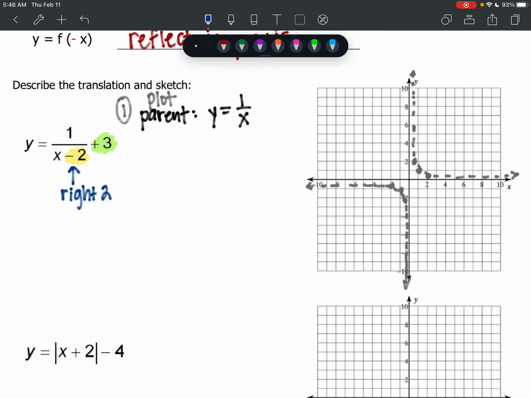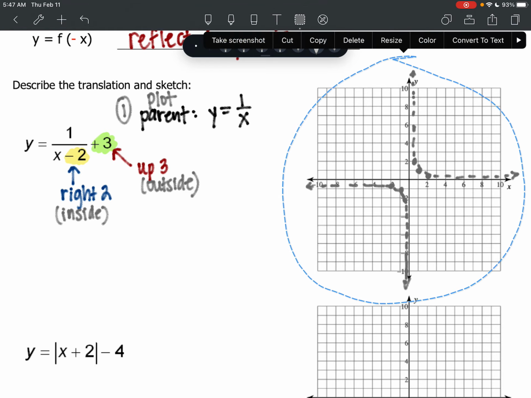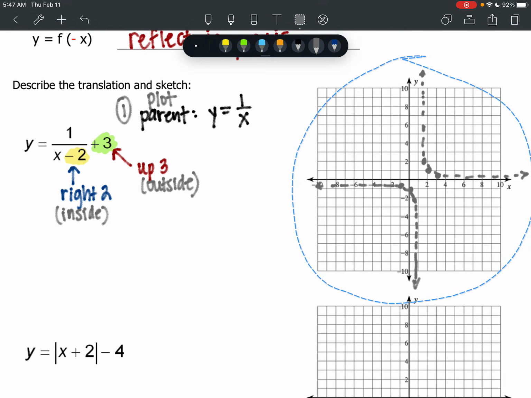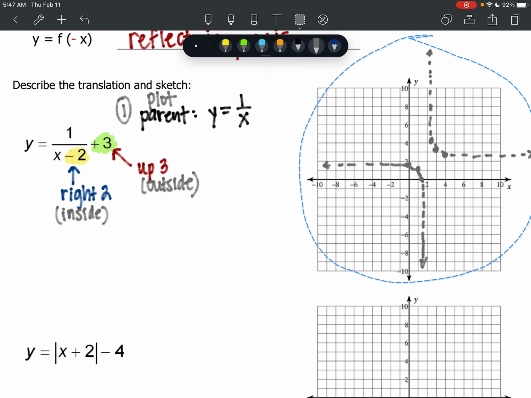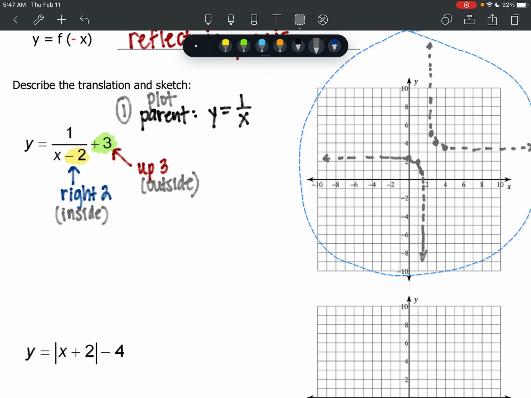And the add 3 outside is up 3. That's because minus 2 was on the inside and plus 3 was on the outside of that parent function. So back to my technology over here, we're going to move this function right 2 units and then up 1, 2, 3. So it's going to look just like that.